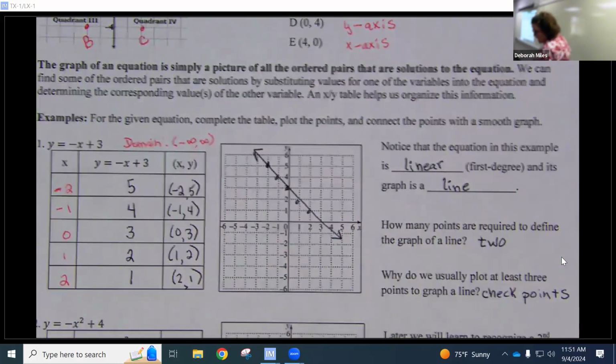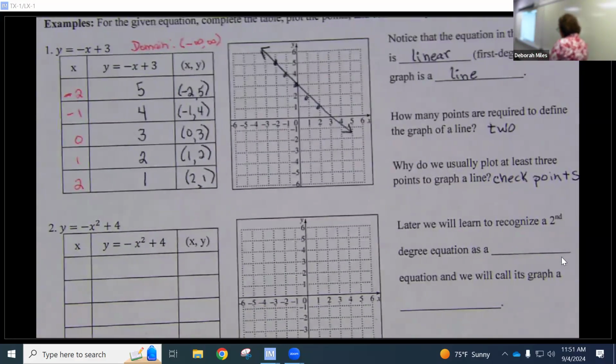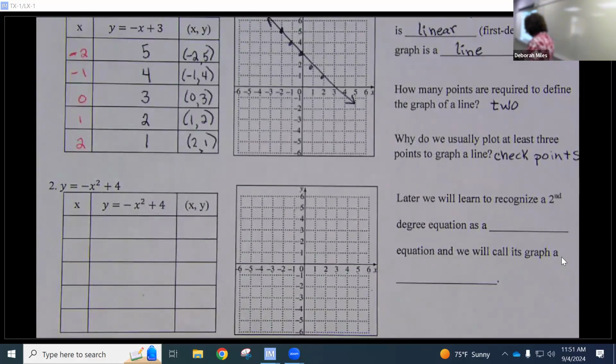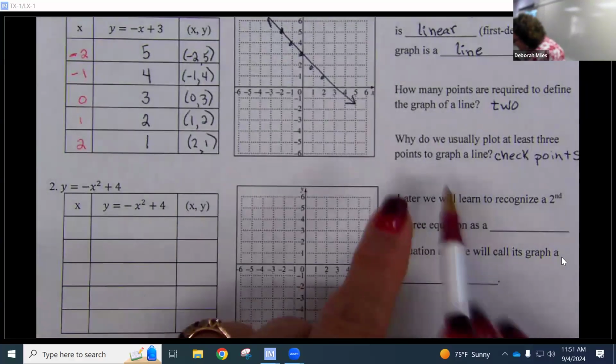Example 2, I don't know what shape it is, but I can tell you for sure it's not a line. How can you tell that number 2 is not going to be a line? It's a second degree equation.